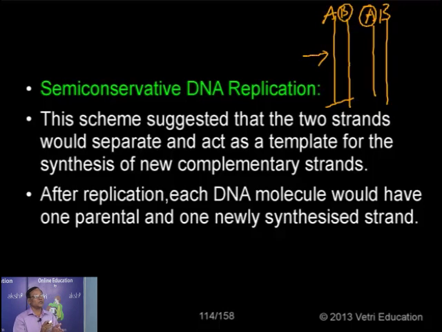Out of the two strands, one parental strand has been conserved, and another strand is synthesized by taking the A strand as a template, here the B strand as a template. So like that we are getting two DNA molecules, each looking like the parent, but one strand is new and one strand is old, the parental strand.